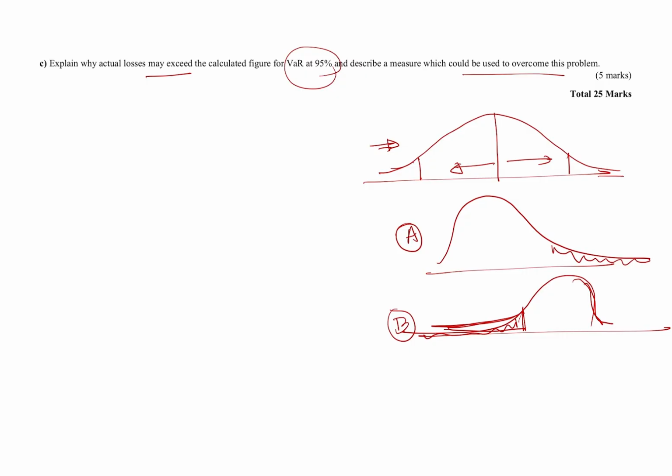The expected shortfall is the correct measure in that case, which has been introduced to take care of these fat tails, either negative or positive. But in VaR, we're looking at the negative side. What we are concerned about is how much we can lose. If we are making extra money, that's good for us.